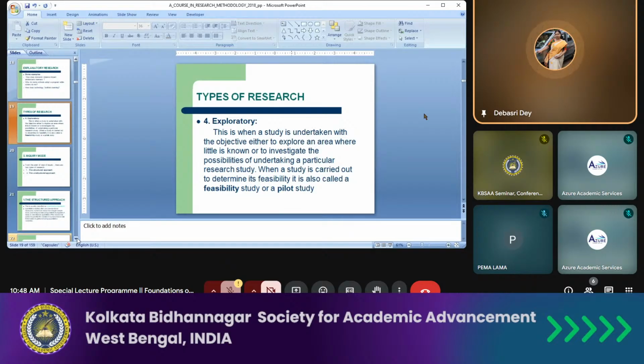Feasibility is where you explore the possibilities of whether you can continue the research or not. Along with information technology, feasibility is a very famous word in social sciences too. We can undertake various feasibility studies, or we are exploring various feasible situations.